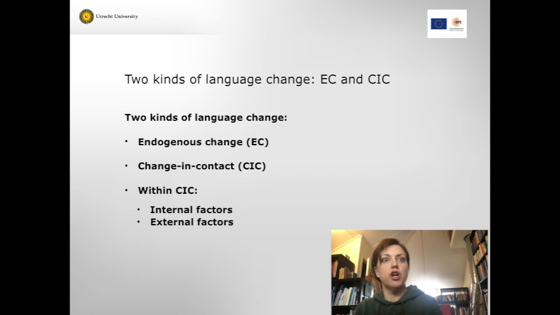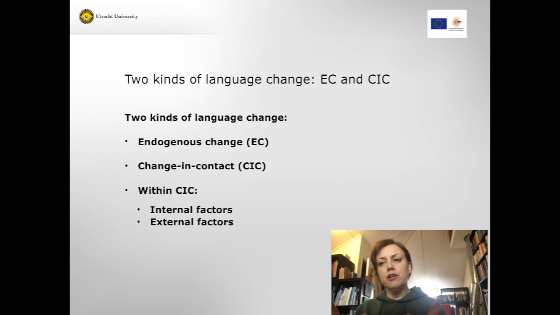And then there are the change in contact approaches that look at why languages change, what happens to languages when they enter into contact. Within contact studies, there are again those that concentrate on internal factors for language change and external factors. The definition of internal and external changes depends on the literature you look at.